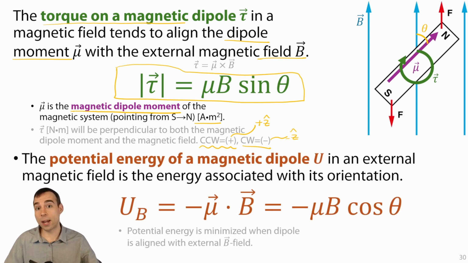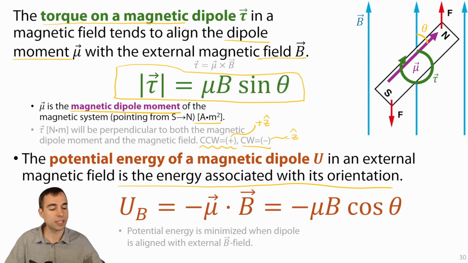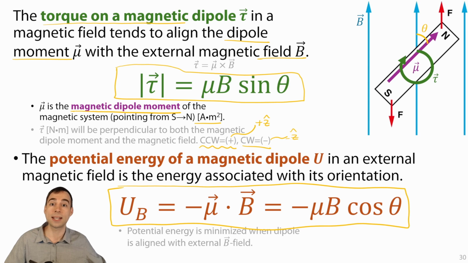And the potential energy of a dipole in a magnetic field can also be calculated similar to the potential energy of an electric dipole in an electric field. So for the potential energy of a magnetic dipole in an external magnetic field, it would be the dot product between those two vectors.